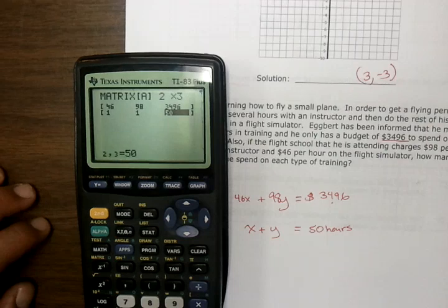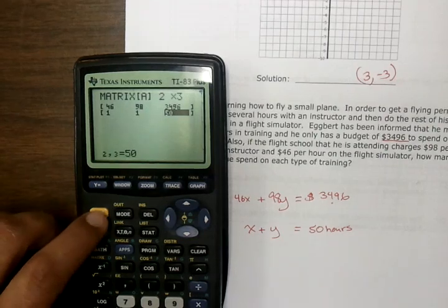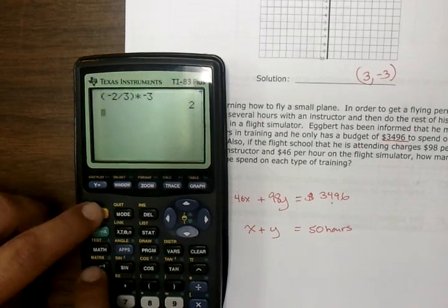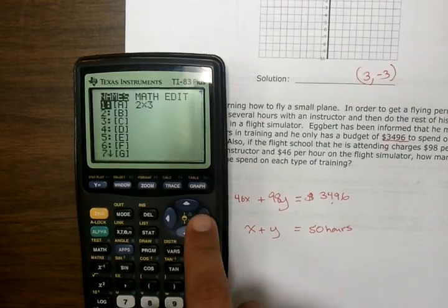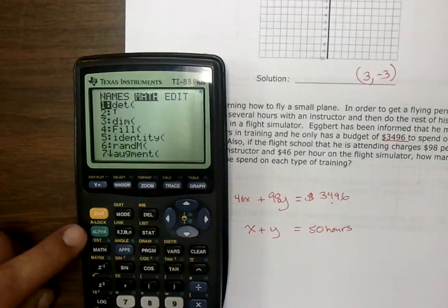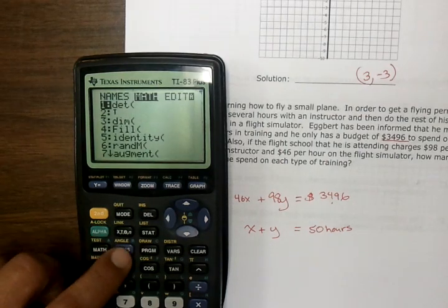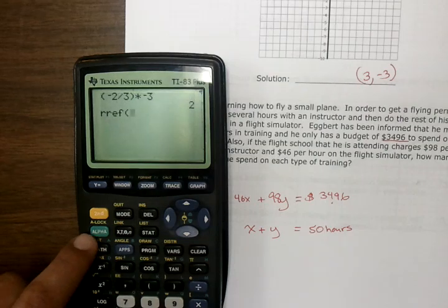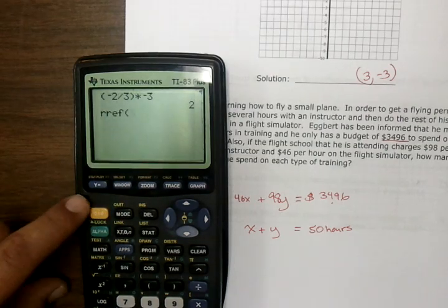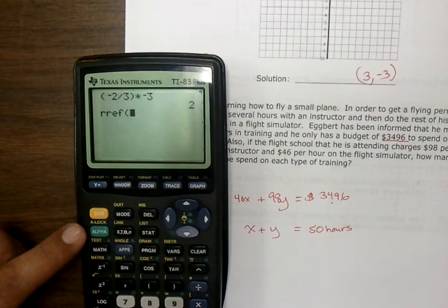Now what do we do after that? Okay, you're going to have to exit out of this menu, so you hit second mode to quit. You go back into the matrix menu, tab over to the math section, and hit alpha abs, which will give you the command that we need in order for it to tell me what the actual solution is.